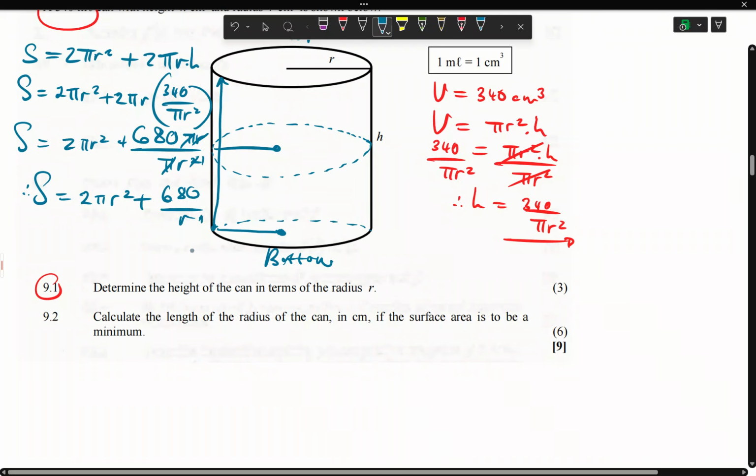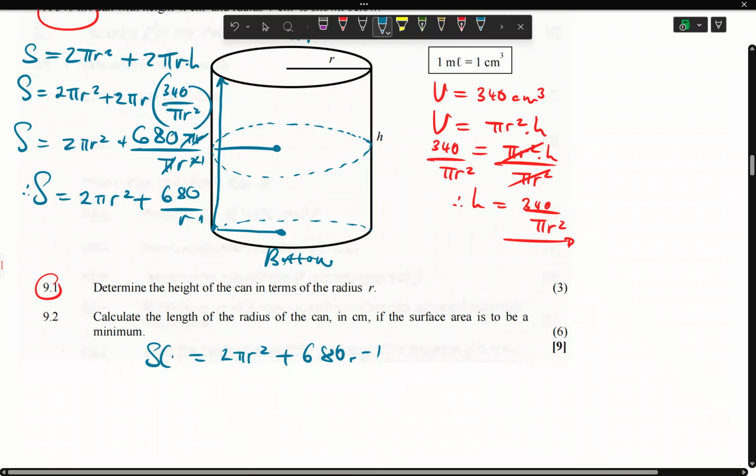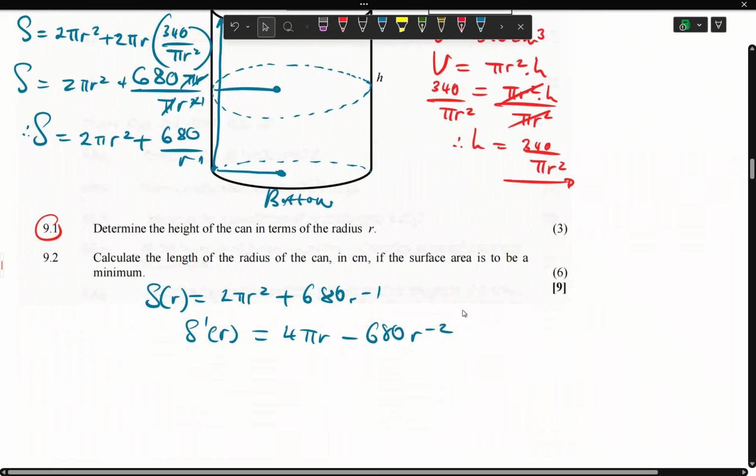So this is 2 pi r squared plus 680 r to the power of minus 1. The surface area is a function of r, so the derivative of the surface area will be 4 pi r minus 680 r to the power of minus 2. And then we equate this to 0.